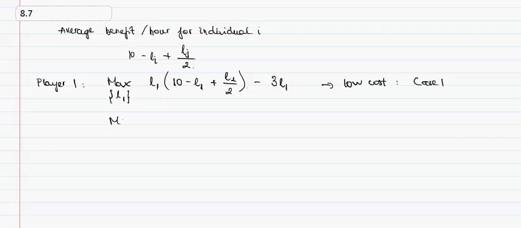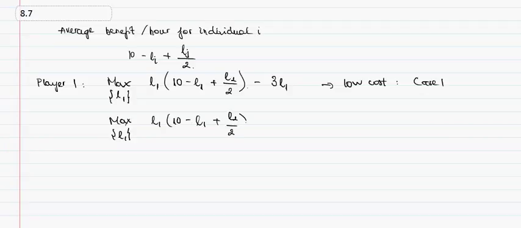Now case 2 is for the high cost player 1. Again, player 1 still has to choose the number of hours he would like to spend on landscaping by maximizing the objective function. The total benefit is still the same: the number of hours he spends on landscaping multiplied by the average benefit per hour.